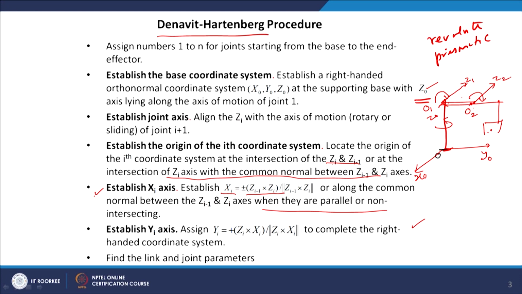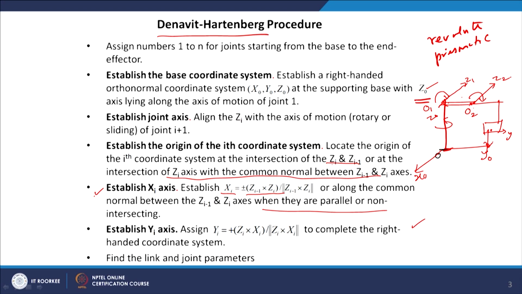What we do is we take the vector perpendicular to the end effector, the wrist of the manipulator, as the z axis, and the vector joining the two fingers of the end effector as the y axis, and the x axis is fixed to form a right hand system. x, y, z should form a right hand system.